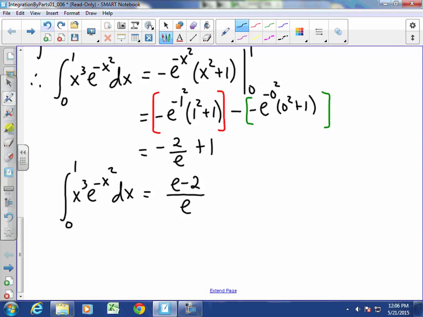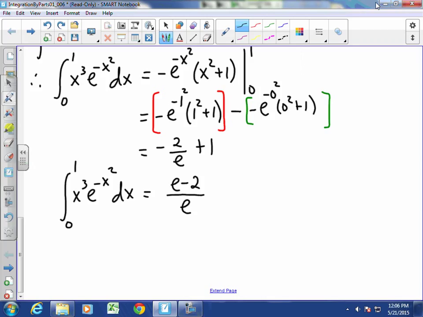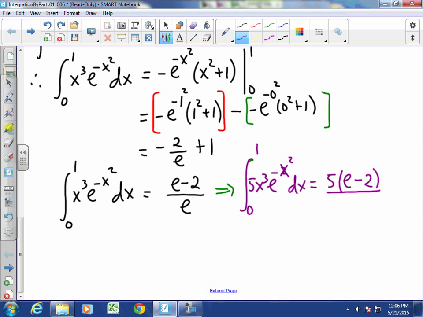And this concludes it. So this will imply that the integral from 0 to 1 of 5x cubed e to the negative x squared dx is 5 times (e minus 2) over e. And this is the final answer.